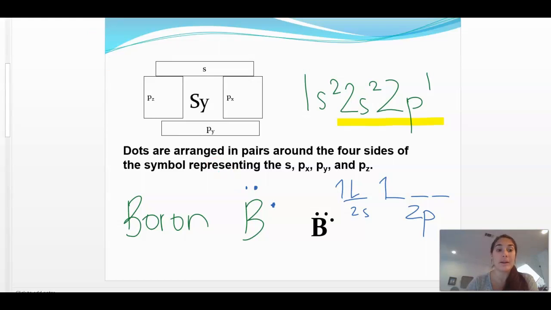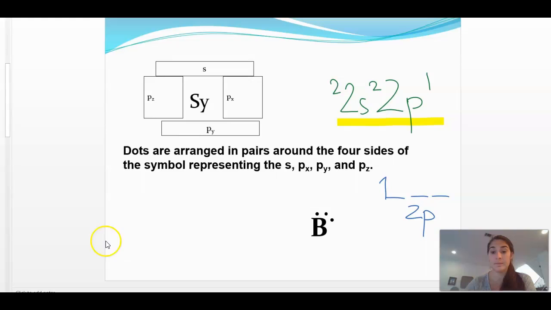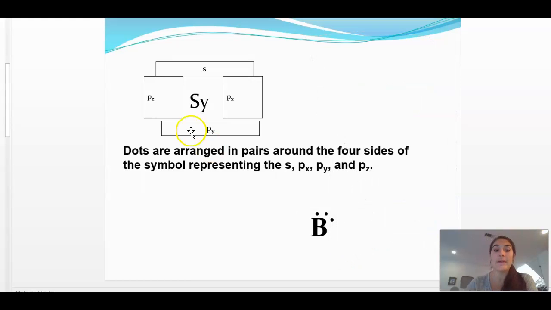Okay, let's think about a different example. Let's get rid of all of this. There we go. Okay, let's say instead we were doing, I don't know, nitrogen.